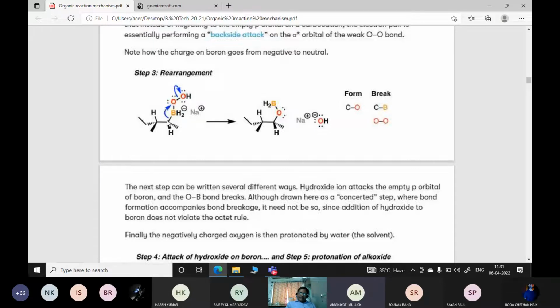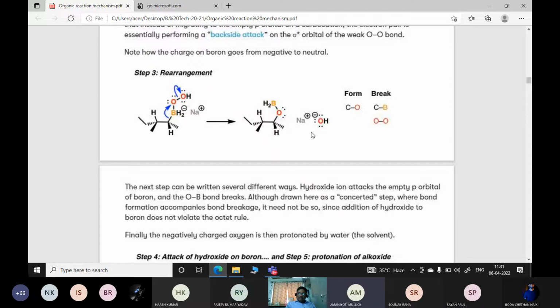As it shifts, the oxygen bond is cleaved, the OH is expelled and released, and the new carbon-oxygen bond is formed. This is the new carbon-oxygen bond, but BH2 remains unaltered.